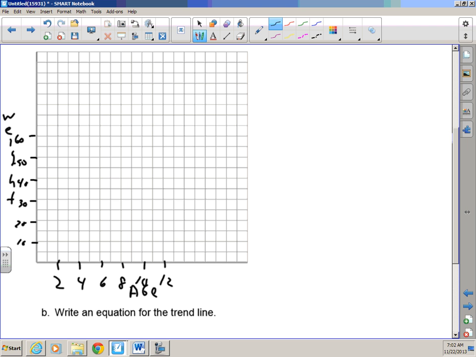So I'm going to graph my data points. Hopefully my orientation is pretty good. So at age 1, I'm at about 2.5. Age 2, I'm at 7.6. At age 3, I'm 12.5.